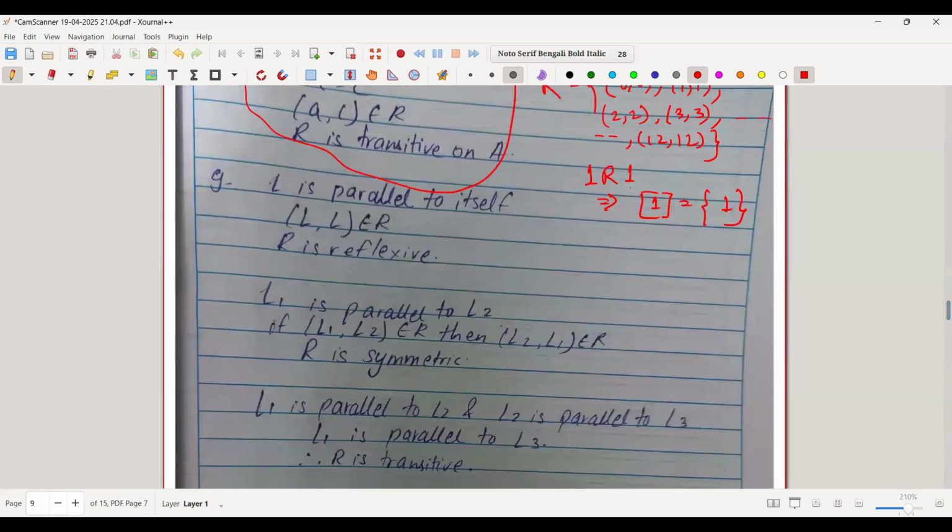So L is parallel to itself, hence (L, L) belongs to R, and L comes from the set of lines, you have to write script L. So L1 is parallel to L2.